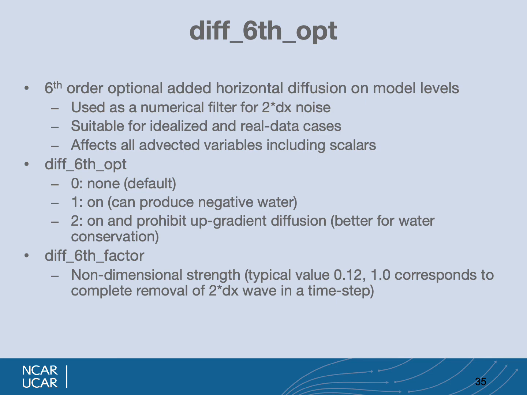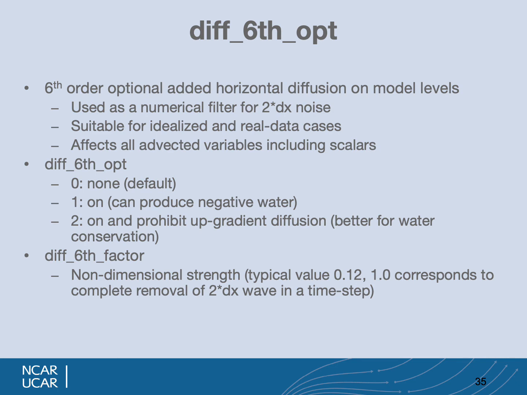Option 1 is the simplest way of applying this, but can produce negative water, so we don't recommend that. Option 2 prohibits upgradient diffusion and does allow positive definiteness of water, so it keeps the water positive.